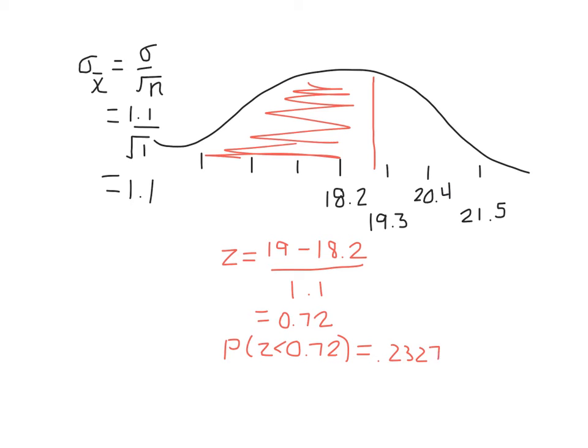Again, we had to go down to a z-score of 0.7 and then over to the column that has a 2 in the hundredths place. No, we don't. I see where you might have some confusion. All right, what we see when we look this up in our table is 0.7642.